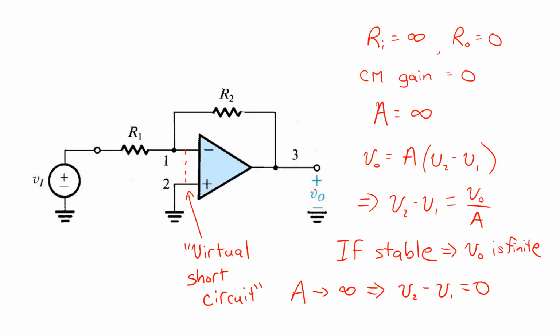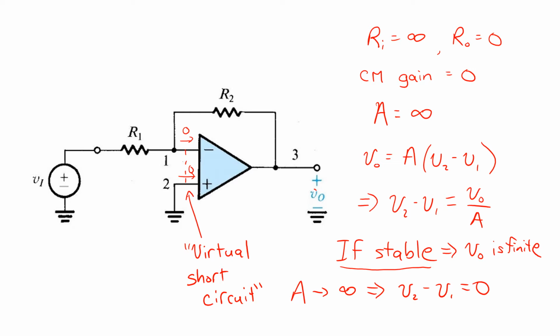It's very unlike a short circuit in that no current flows here. Remember, the ideal op-amp has zero current into its terminals. It's only a short circuit in the sense that if we assume infinite gain and if we assume that the circuit is stable, then there's zero voltage difference between those two terminals. So again, that's why we call it a virtual short circuit. It's not a real short circuit.